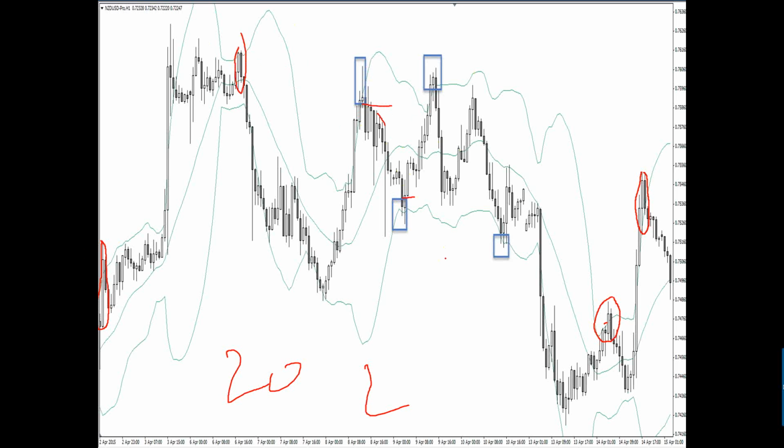Or they wait for a pattern after the breakout of one of the bands. Look at this also here. Pin bar rejections, outside inside pattern. Look at this. Okay.